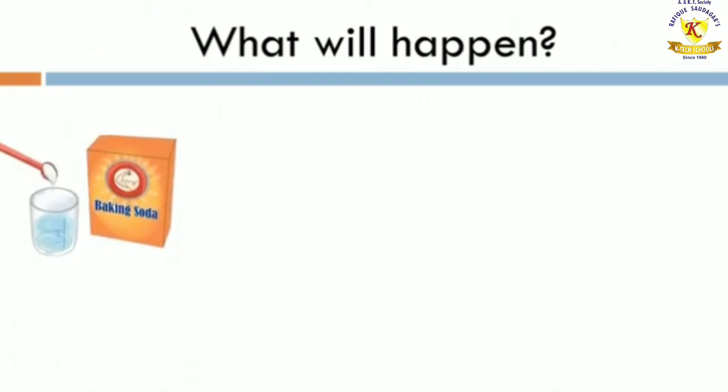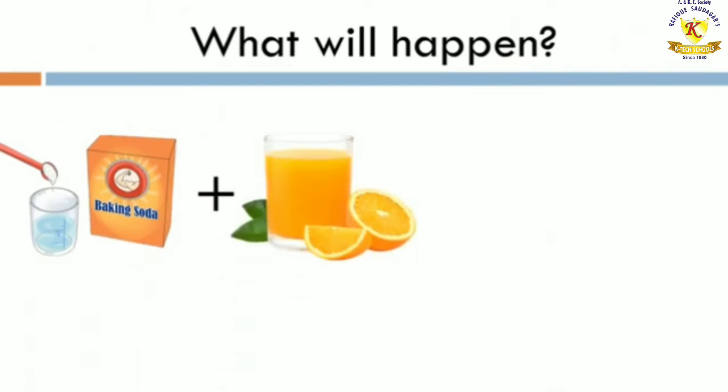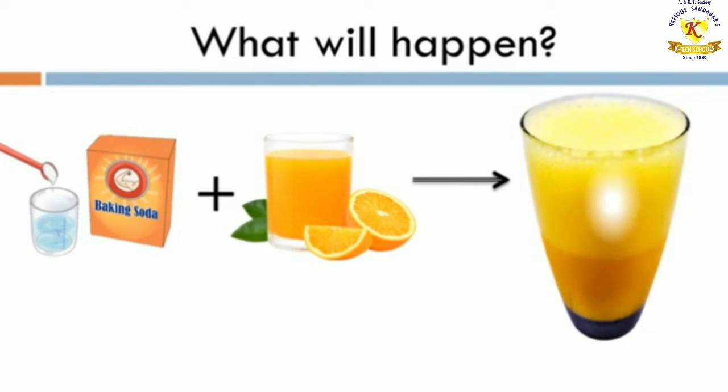Now children, what will you observe on addition of baking soda solution to a fruit juice, let's say orange juice? What will happen is that bubbles will form, or effervescence, we say, will come out of the fruit juice, right?